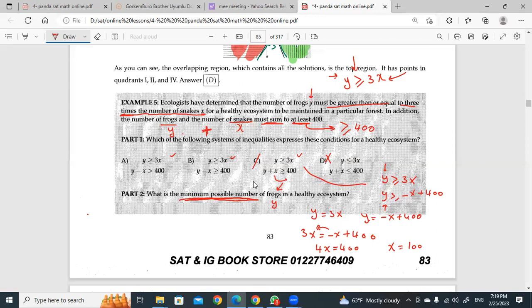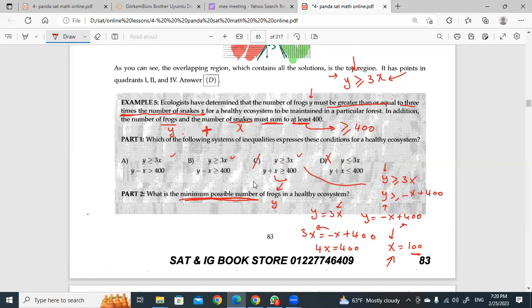The answer is 300. Perfect. The answer is not 100, because 100 is the minimum number of snakes, since snakes are related to x. I need the minimum number of frogs, which is y. So I will substitute the 100 here or there.